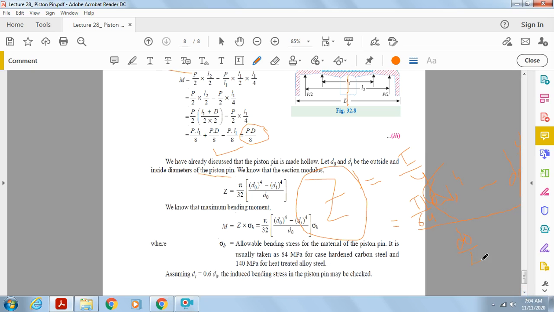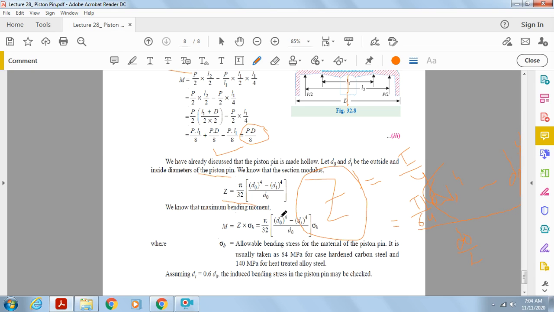So we get Z equal to pi by 32 times D0 to the power 4 minus Di to the power 4, divided by D0. This is the section modulus for any hollow circular section, that is, the hollow piston pin.